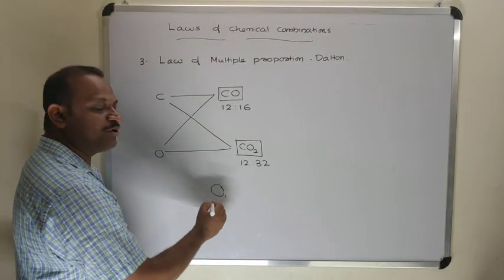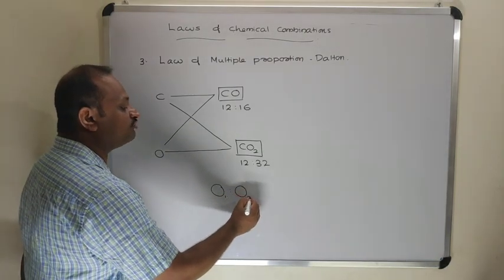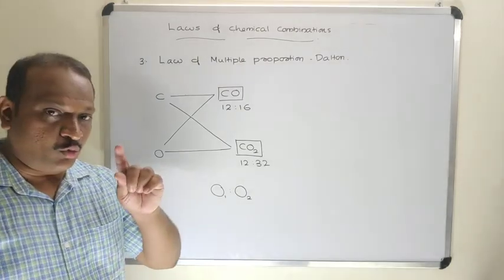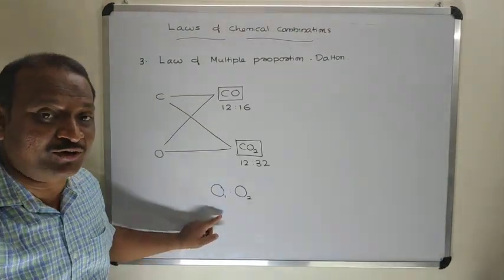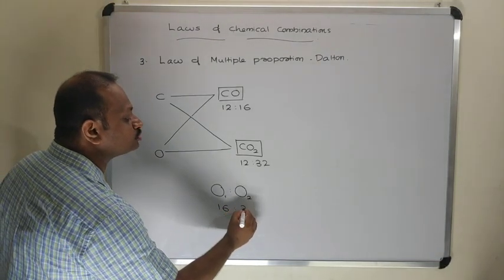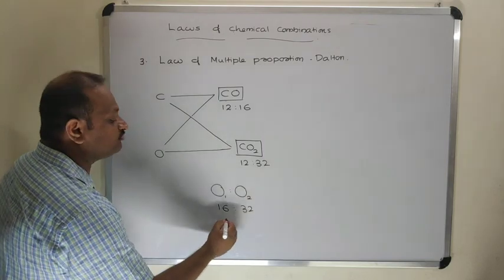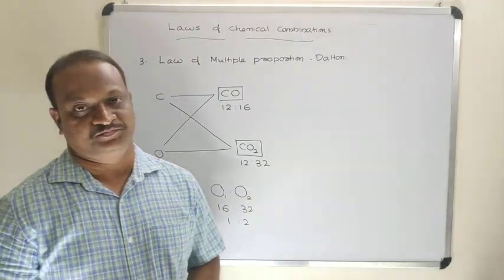I am writing weight of oxygen in first compound is to weight of oxygen in second compound. What is that? 16 is to 32, which you get 1 is to 2. So what is this ratio?